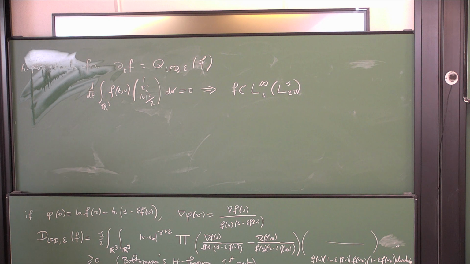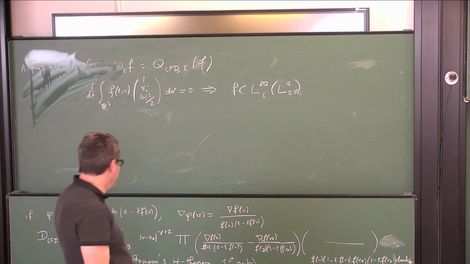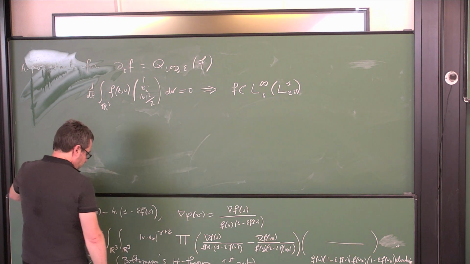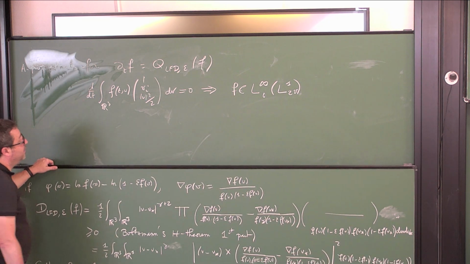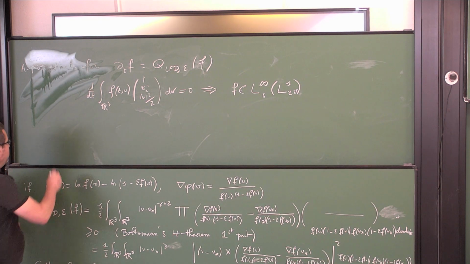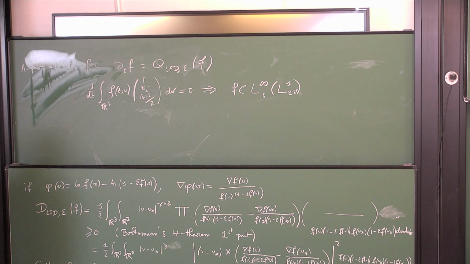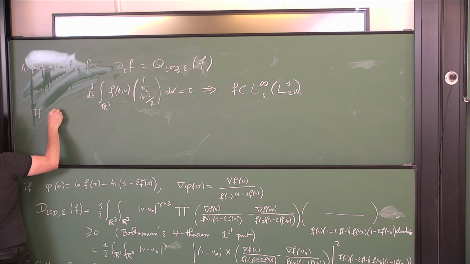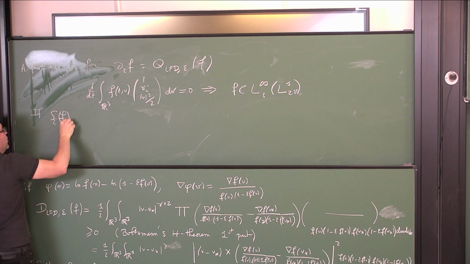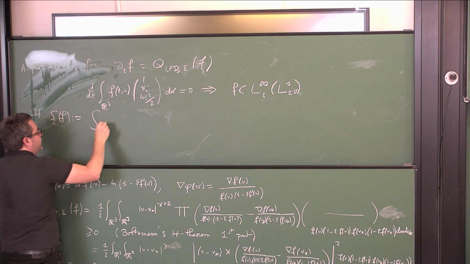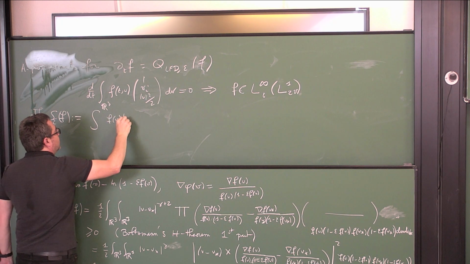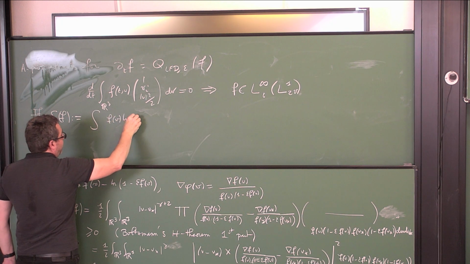And then you have a second one which comes out of the entropy structure, the one which is written here. And this can be written in the following way. So now you define the Fermi-Dirac style entropy. So this is the integral of f log f.